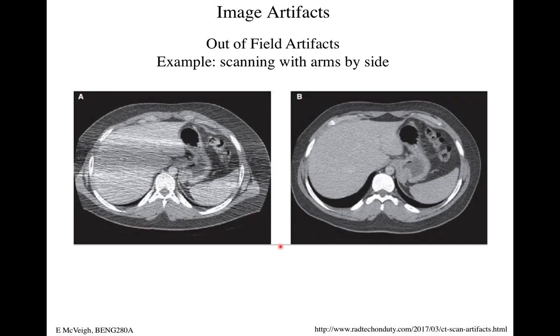So now you have a huge inconsistency in your back projection: sometimes they're there, sometimes they're not. So basically you want to image all of the objects that are going to be in the X-ray beam. You don't want them to come and go, ideally. So here the tech says, oh, sorry, put your arms up over your head, and then all of this streak artifact from the arms goes away. That aliasing artifact.